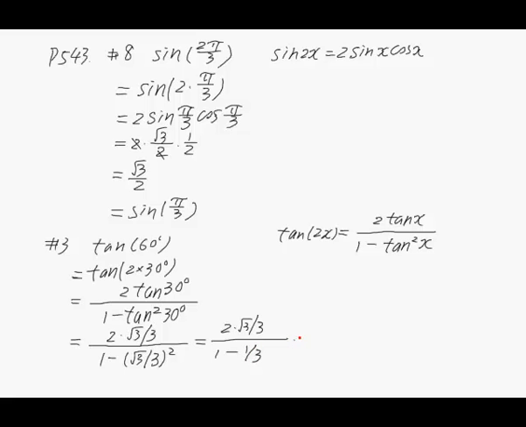So now, let's multiply the numerator and denominator by 3. And then you get 3 minus 1 as the denominator. And the numerator is 2 times root of 3, right? And then 2 over 2 cancel. So you have the root of 3. So actually, this is just the value we expect, right? Tangent 60 degrees is really equal to root of 3.